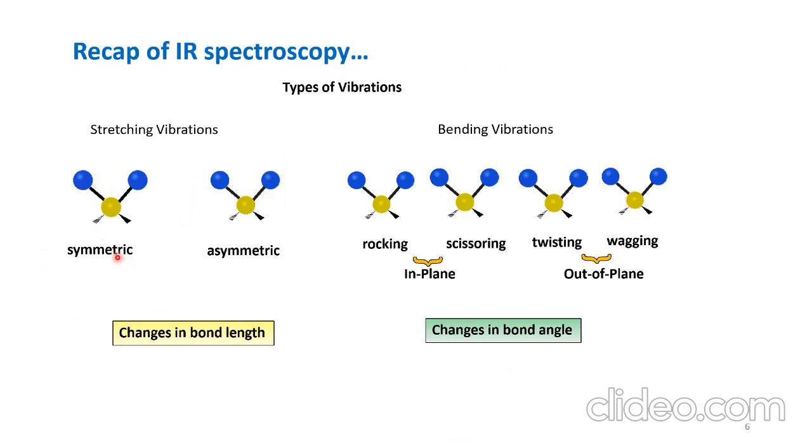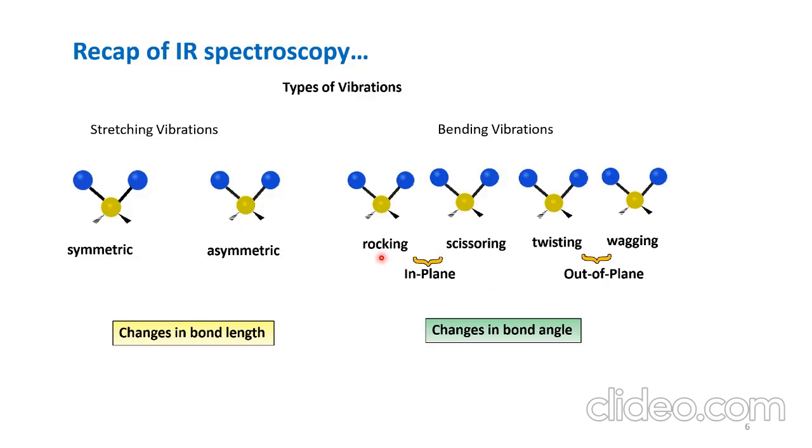Now the symmetric stretching again. If the bonds are stretching in an equal proportion, that means it is symmetric. If the bonds are stretching in unequal proportion, then it is asymmetric. Then bending vibration is again divided into in plane or out of plane.